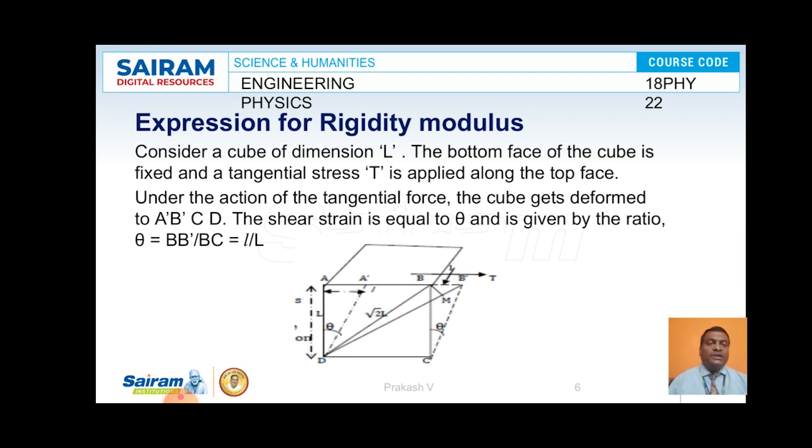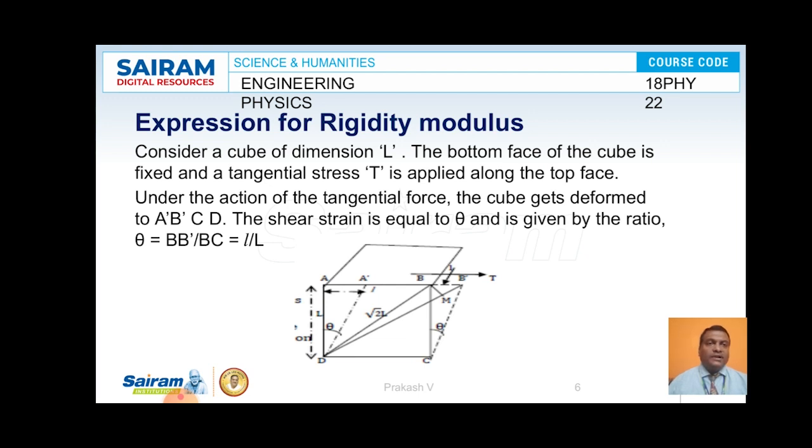fixed and the top layer is subjected to a shearing force towards the x direction, that is T. So because of this force T, the box is tilted through an angle theta as shown in the picture. And the value of theta is equal to BB dash by BC.